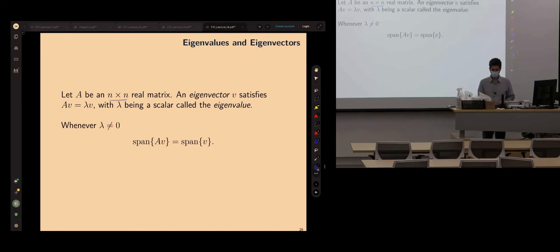Let A be an n by n real matrix. That means every entry in the matrix is a real number. Because it's also possible to talk about a matrix that has complex entries. There is nothing wrong with this.